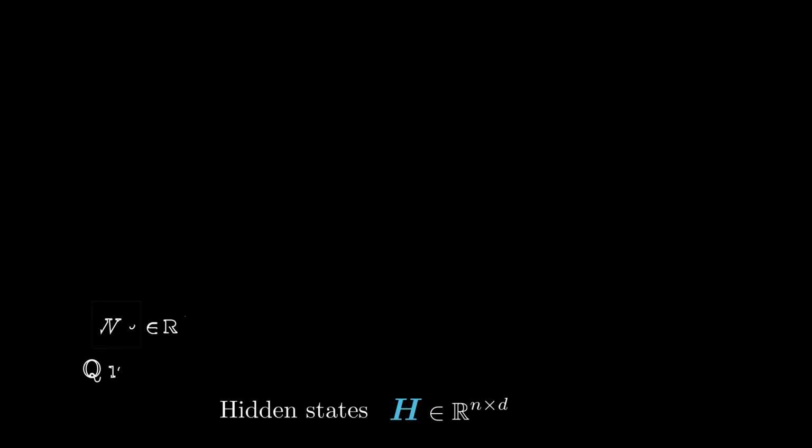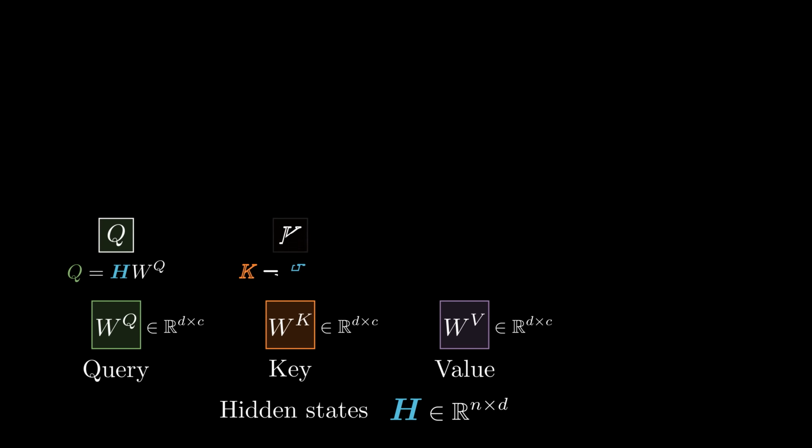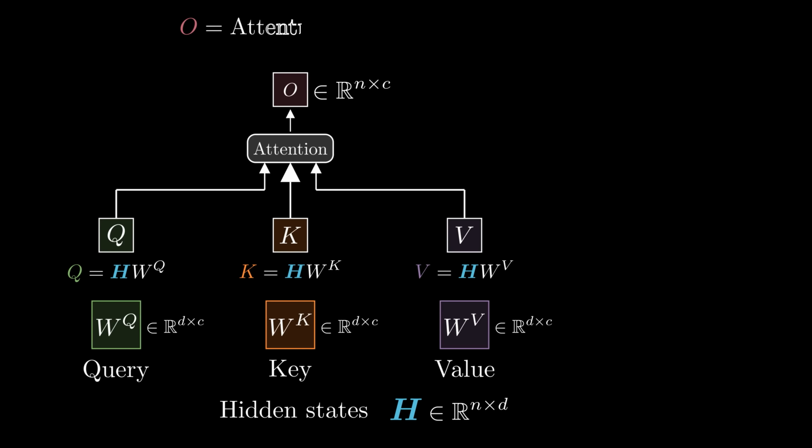The attention layer uses query, key, and value matrices to linearly project each hidden state into query, key, and value vectors. We compute the attention output by taking a weighted sum of the value vectors, where the weights are determined by the scaled dot product between each query and key vector. This process produces a c-dimensional output vector for each token.